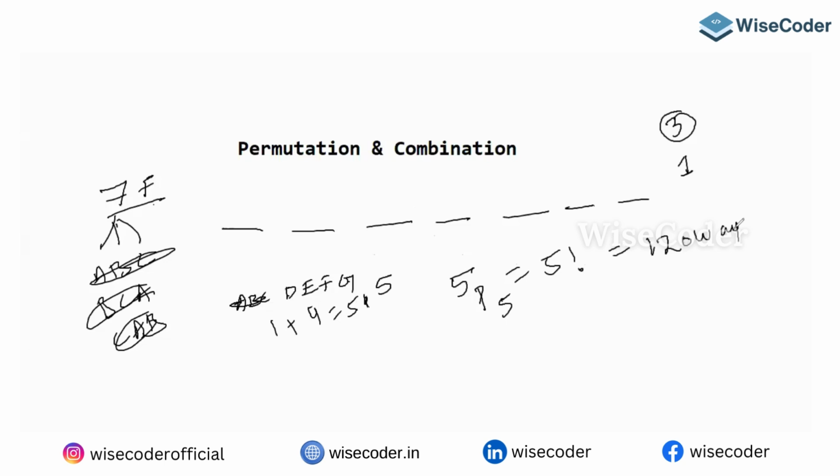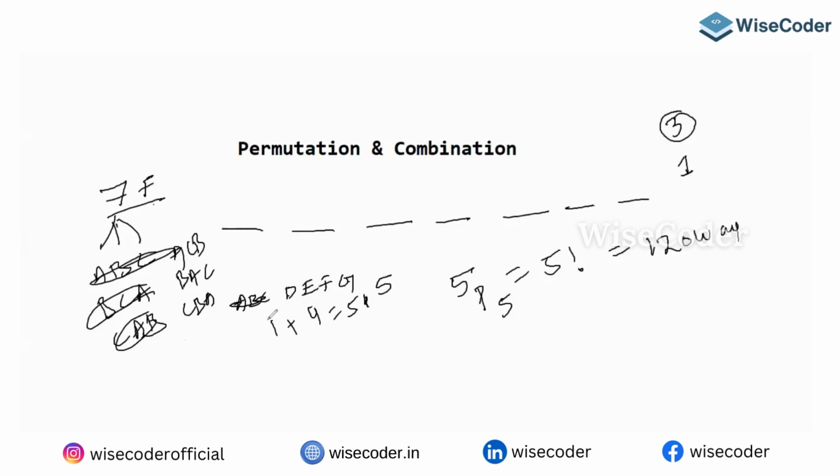But for each of the 120 ways, the 3 persons can be arranged further. ABC is one way, BCA is one way, CAB is one way. I can also write ACB, BAC, CBA. So a further 6 different arrangements will come.